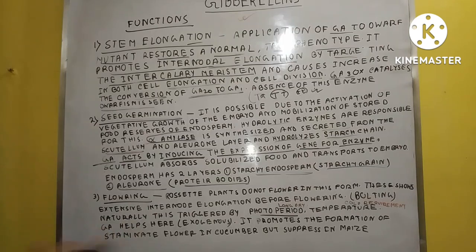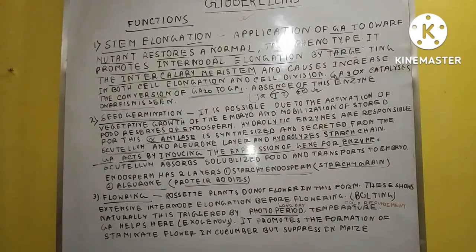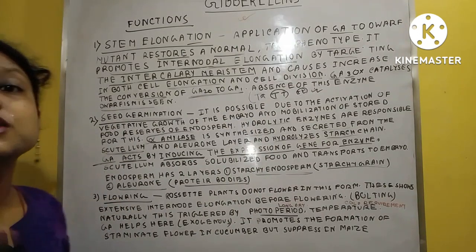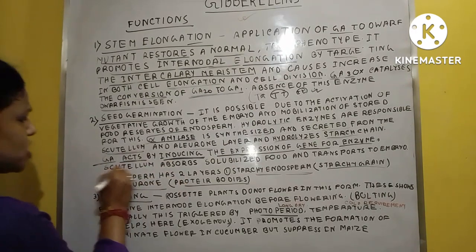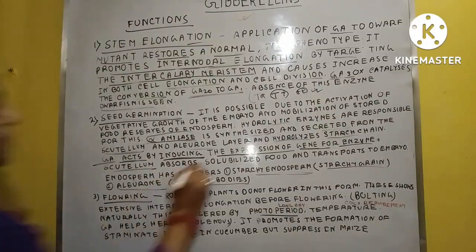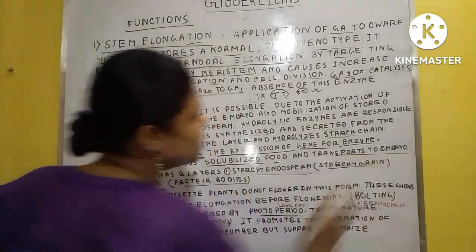And if alpha amylase is not synthesized, that means the food present within the seed will never be solubilized or absorbed by the embryo. So what is the function of the scutellum? The scutellum absorbs the solubilized food and transports it to the embryo.